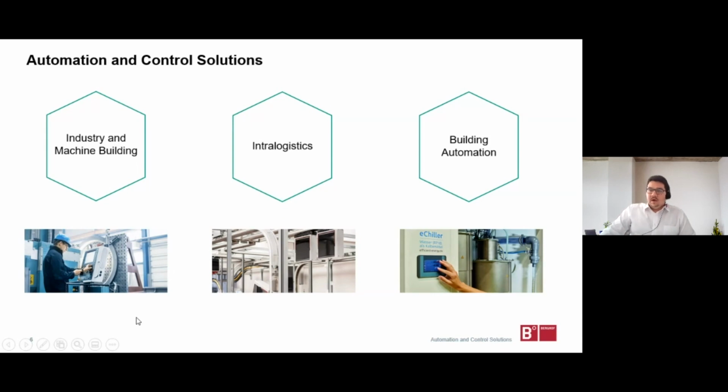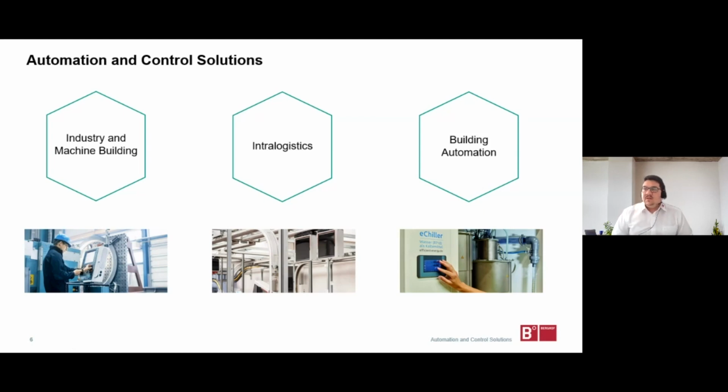Just an overview: what are the typical fields where our devices are represented? We are represented in more or less classic industry and machine building, so everything that has to do with machine building, packaging, handling, cutting, moving, transporting, and these applications.